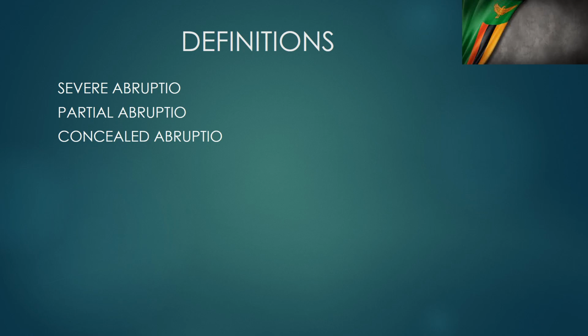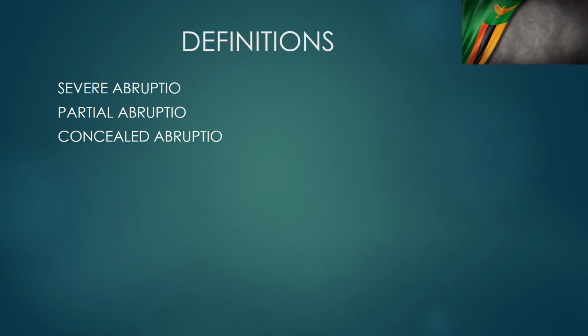We have to note that sometimes you can have a partial abruptio with a lot of bleeding and a complete abruptio where you have a baby that is alive. That is possible. So we shouldn't say that when we have a partial abruptio, then we have less bleeding because sometimes that's not the case.